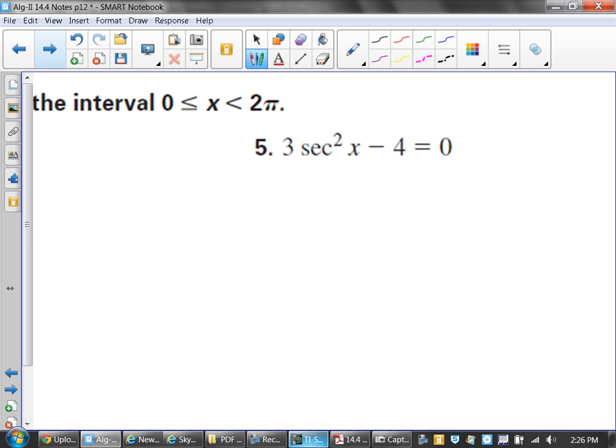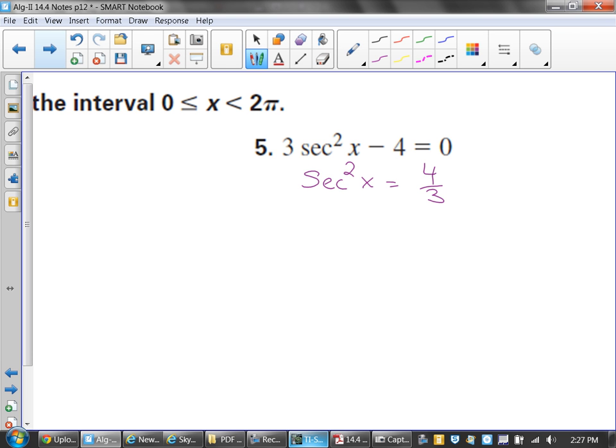If I'm looking at the start of this problem, does everybody agree I would add 4, divide by 3? Yeah. So I have secant squared of x equals 4 over 3. Everybody okay with that?